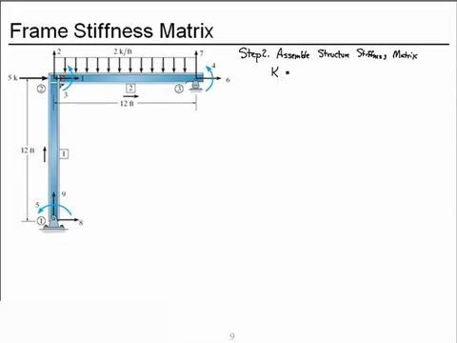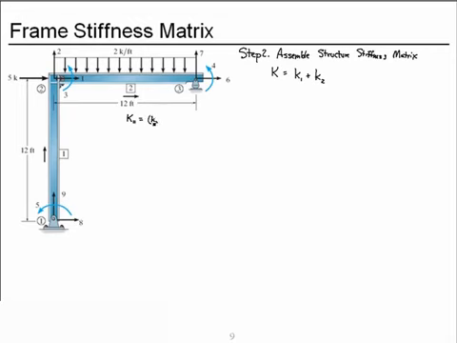And that'll be denoted by capital K. And so we'll sum the two little k's based on degrees of freedom. And what I mean by that, for example, the top left corner of the structure stiffness matrix, K11, refers to force generated at degree of freedom 1 due to deformation at degree of freedom 1.